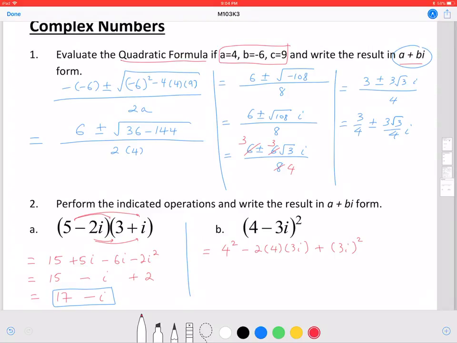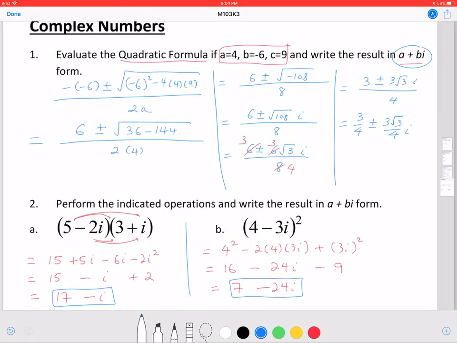That should give me 16 minus 24i plus 3i squared, which is 9i squared. Remember, i squared is negative 1, so that's going to be negative 9. And 16 minus 9 is 7 minus 24i, and that's it.